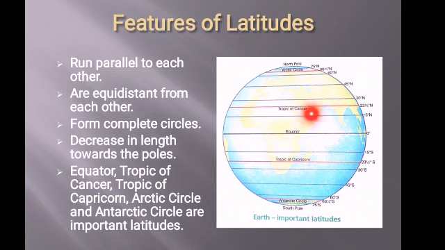Each latitude runs parallel to each other and they are equidistant. They form complete circles. They decrease in length towards the poles. Equator, Tropic of Cancer, Tropic of Capricorn, Arctic Circle and Antarctic Circle are the important latitudes of the globe.